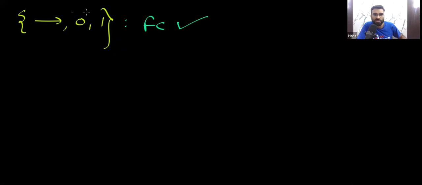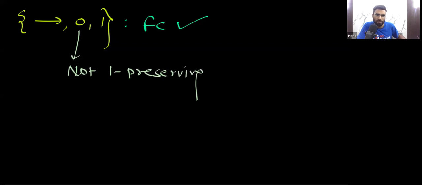No, this is not zero preserving. Can I say all are one preserving? This is not one preserving. Yes or no? See, very simple. This is not one preserving because this is always zero. So this is not one preserving. You can see this is not zero preserving.